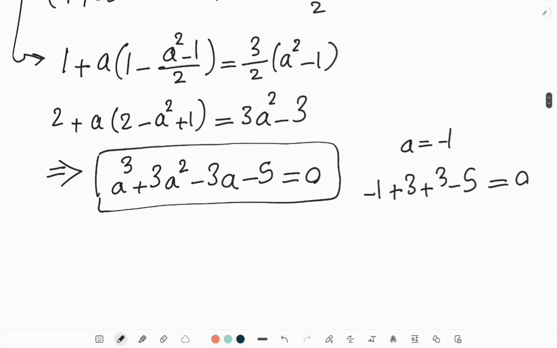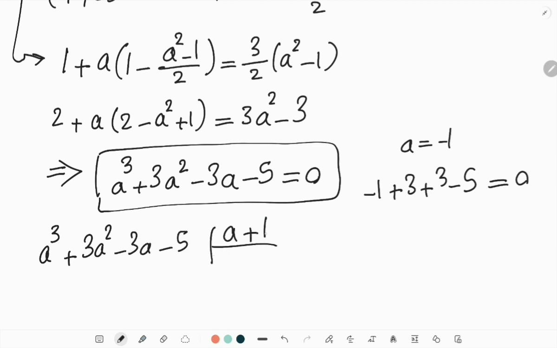In order to find the other answers, I'm going to take this expression, a³ + 3a² - 3a - 5, and divide it by a + 1, which is one factor of this expression.